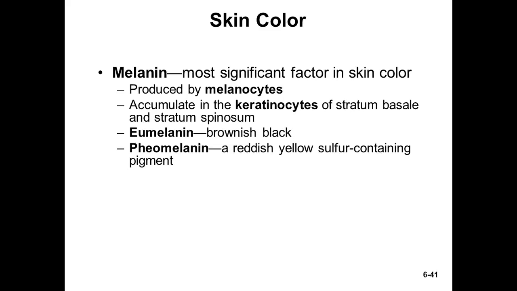So if you look at the medulla of the person with gray hair, there's just a lot of empty space, with the cortex around it. So gray hair, as we age, the hair turns gray because you're not producing melanocytes like you once did. So eumelanin, brownish to black. Pheomelanin, a reddish yellow sulfur-containing pigment.